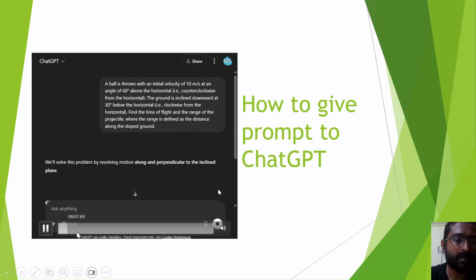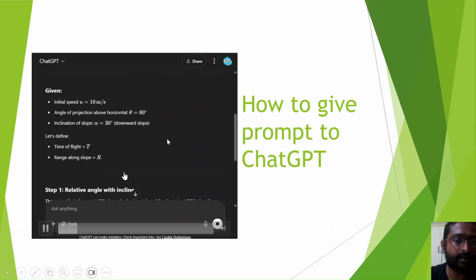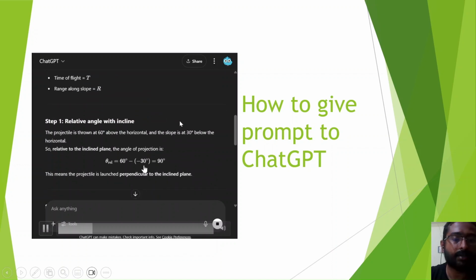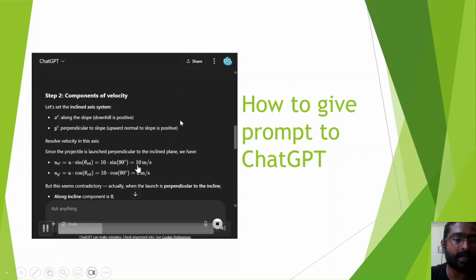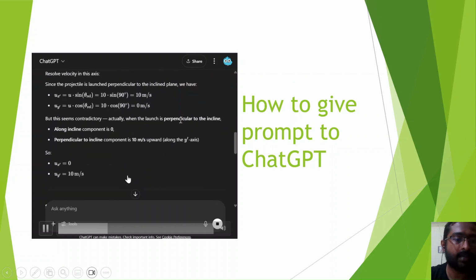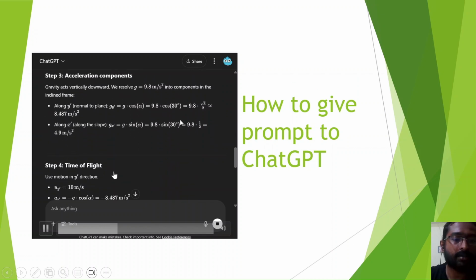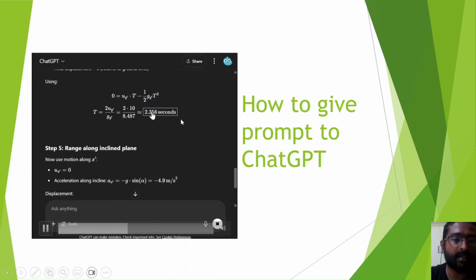Let's see what effective angle ChatGPT gets this time. It is actually 90 degrees, so it is getting the correct angle, and resolving as we did. It got the time of flight as 2.35.